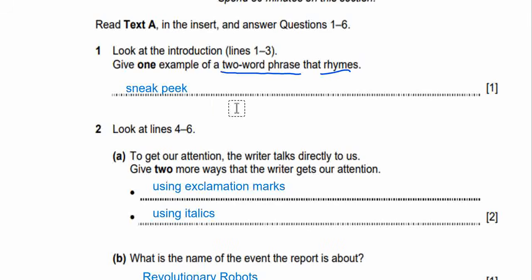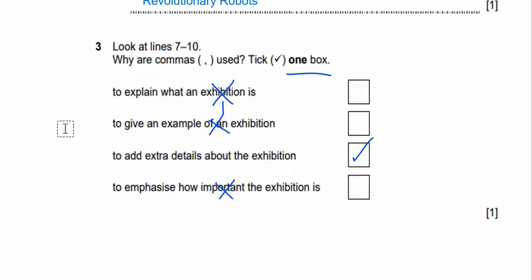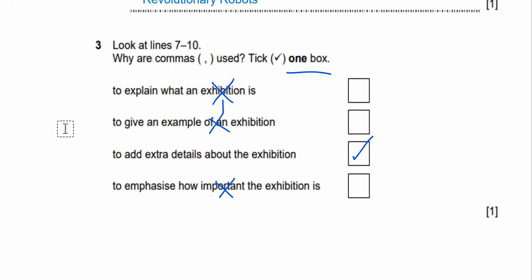Now we'll scroll over the answers or mark scheme, so you may take a screenshot if you like to. This is the answer for 1, 2A and 2B, and this is the answer for question 3.